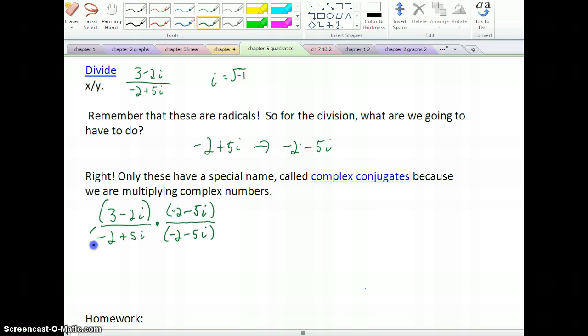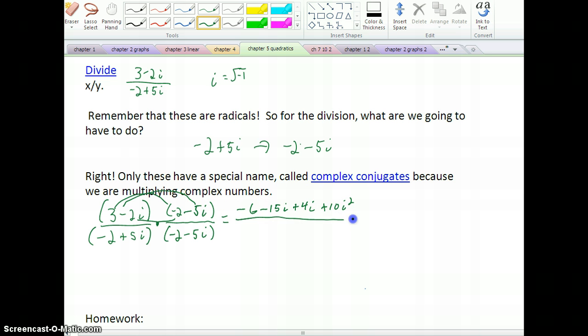Now really there are implied parentheses around the numerator and the denominator in the first fraction, so that will remind us to distribute again. So here we'll take 3 times negative 2 and get negative 6. 3 times negative 5i is negative 15i. Here we're going to get a positive 4i, and from the last two terms here we get a positive 10i squared.